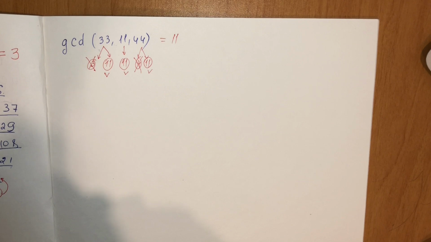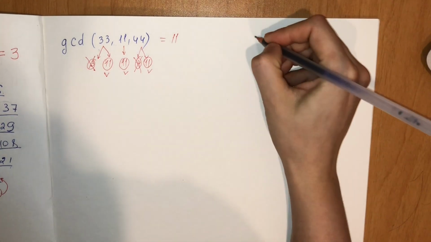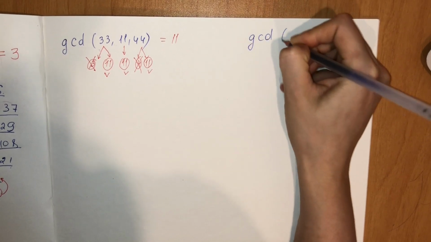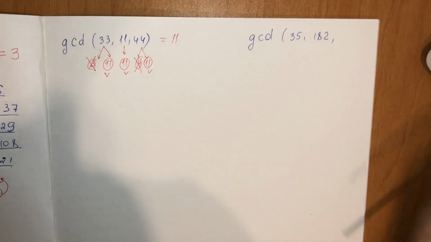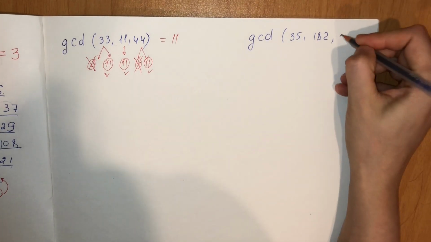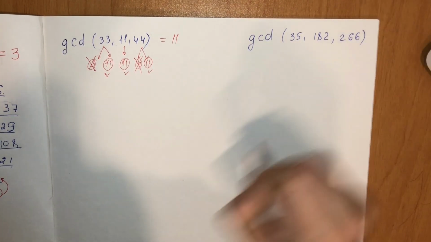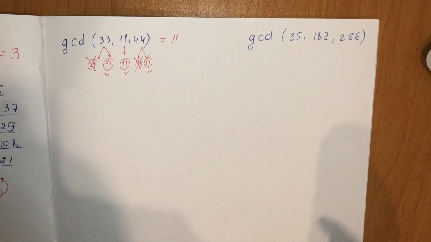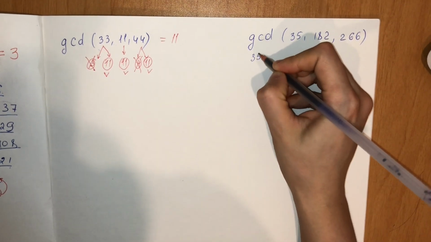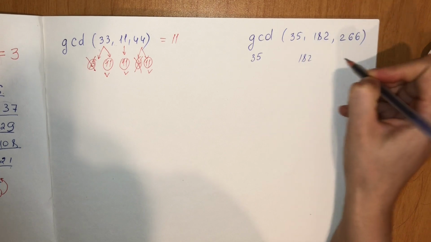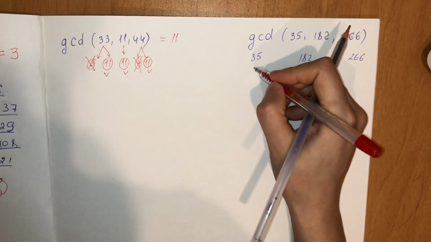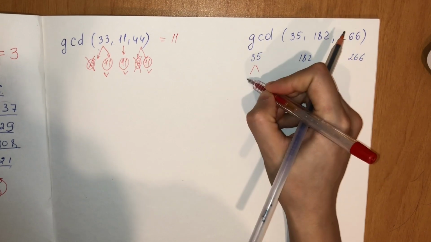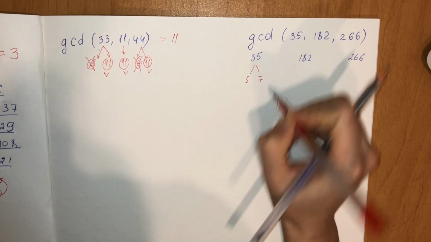Let's try out another example. Find the greatest common divisor of 35, 182, and 266. Let's do prime factorization of all 3 numbers. Here it is 5 times 7.